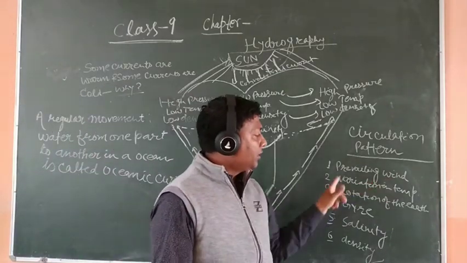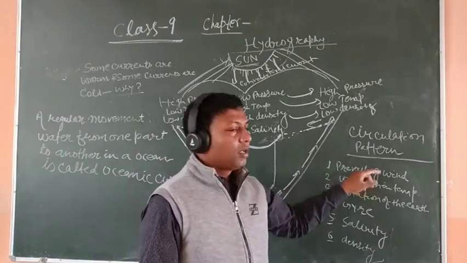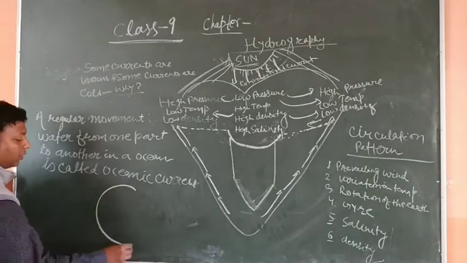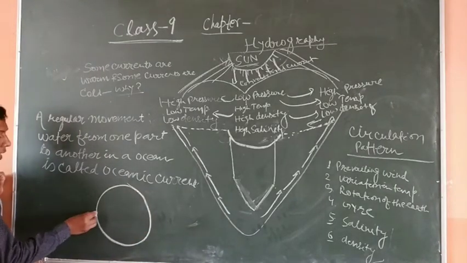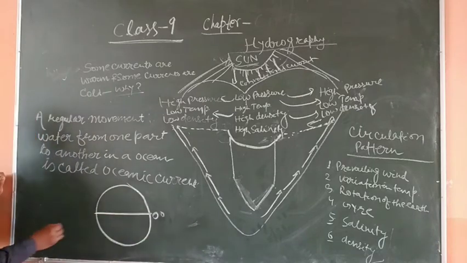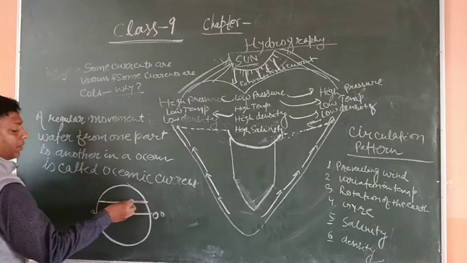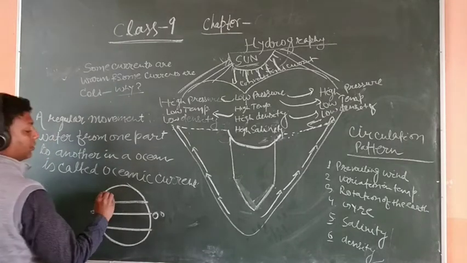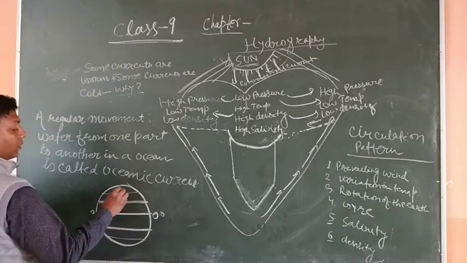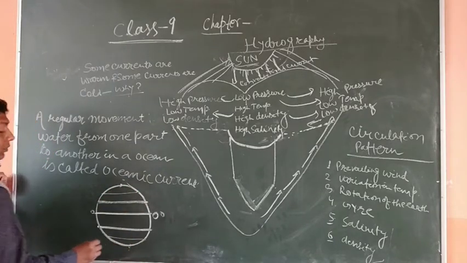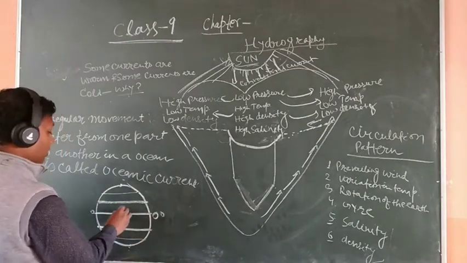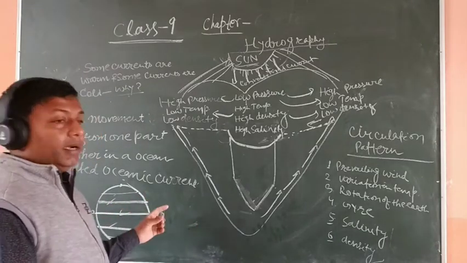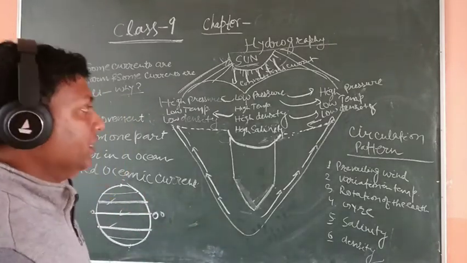Suppose this is our earth, and this is the equator, 0 degree, and here is the Tropic of Cancer, here is the Tropic of Capricorn, and here is the pole. From this you can easily know the temperature variation. But what about winds?